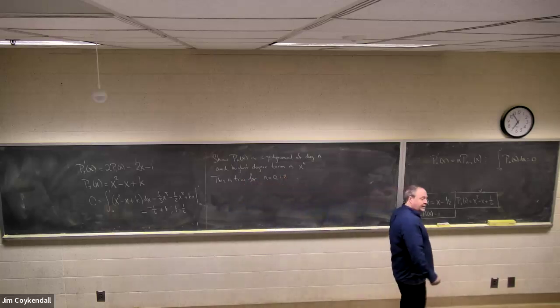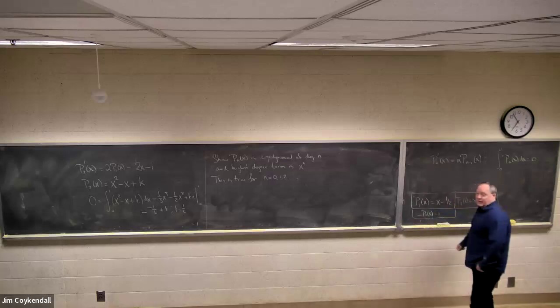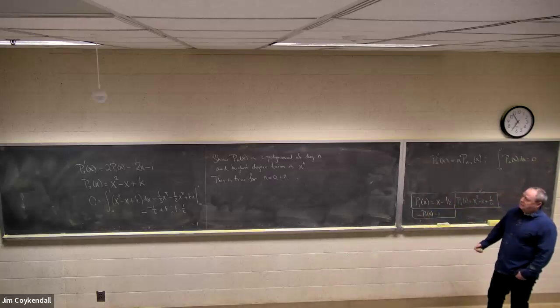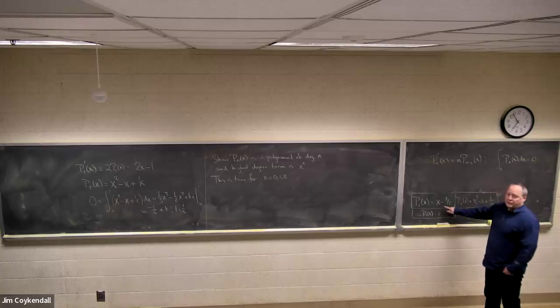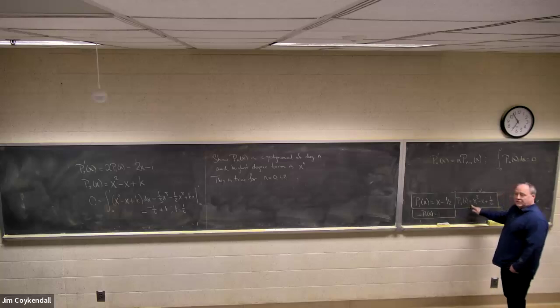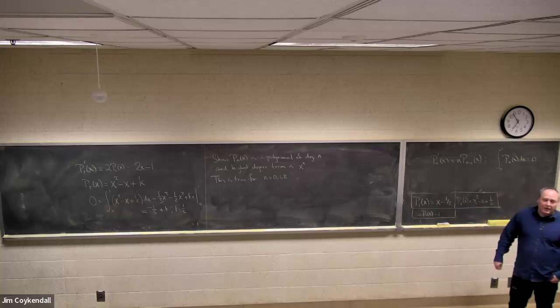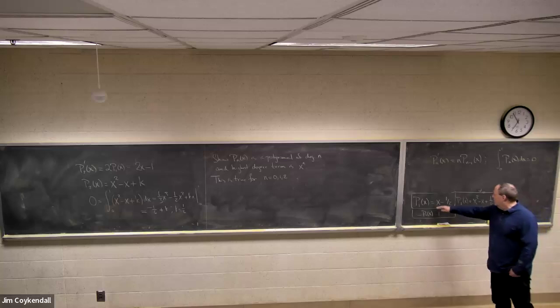This statement is true for these, so I've got 3 base cases for the proof. I'm not saying I need them, but I wrote them down because they're there. This is degree 0, and its highest degree term is x to the 0, which is 1. This is degree 1, its highest degree term is x to the 1. This is degree 2, its highest degree term is x squared. So in other words, there are no coefficients in front of these other than 1.